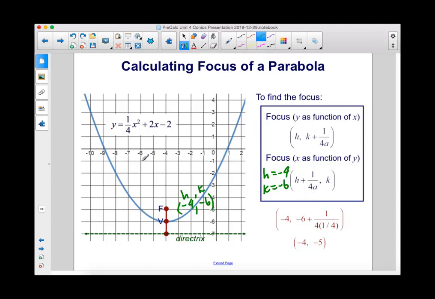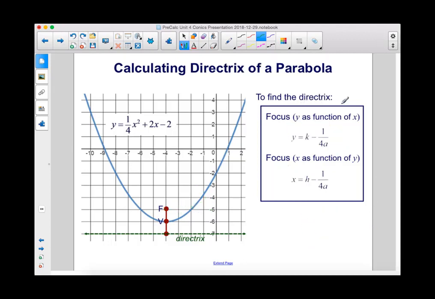Since this is y as a function of x, we use the first equation. The x-coordinate of the focus is h, which is -4, and the y-coordinate is -6 plus 1 over 4a, where a is 1/4. So -6 plus 1 gives us the focus at -4, -5.